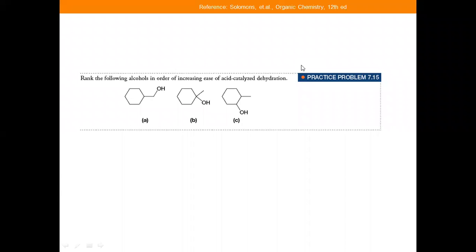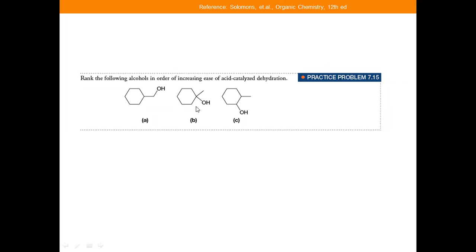Okay, so it has to do with the degree of the alcohol. The tertiary alcohol will be much more prone. If you remember, the 1 degree alcohol requires very harsh conditions. Secondary, much less harsh than the primary, and the tertiary, much milder than the 3. So you have to go with the tertiary alcohol.